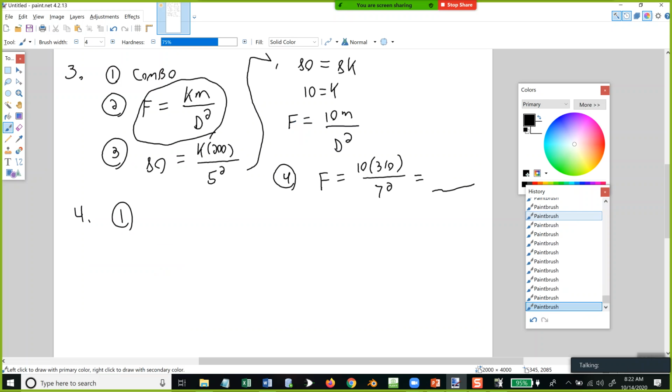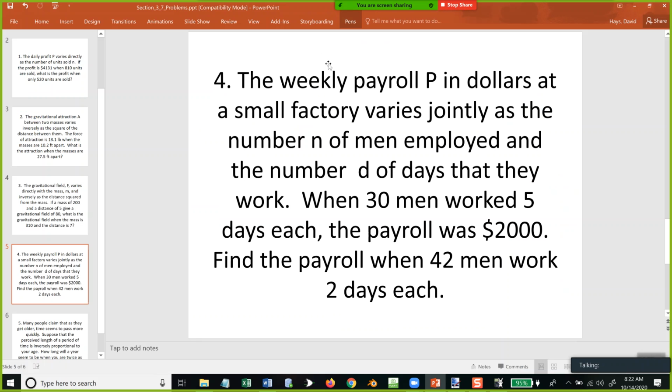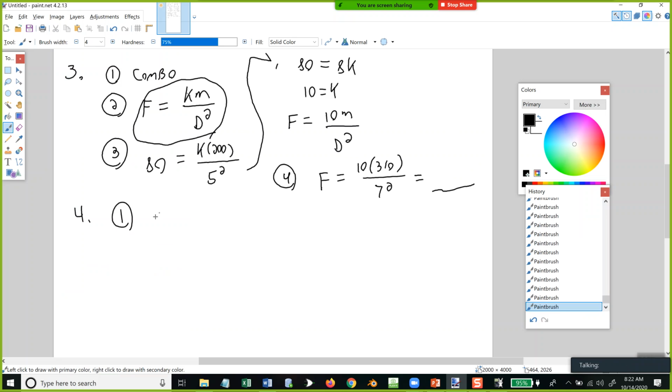Okay, step 1, determine type. Weekly payroll P in dollars in a small factory varies jointly. It says jointly. And that's of this form, y is equal to kxz. We want to pick variables that make sense.